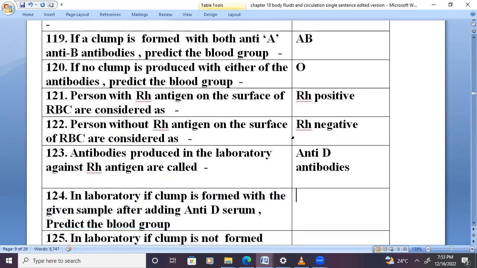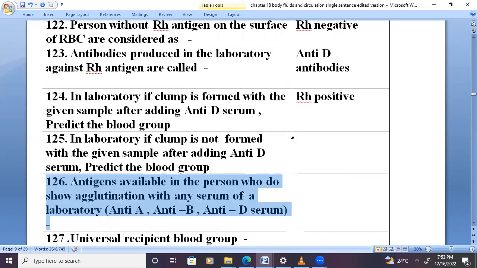In a laboratory, if a clump is formed with a given sample after adding anti-D serum, predict the blood group as RH positive.